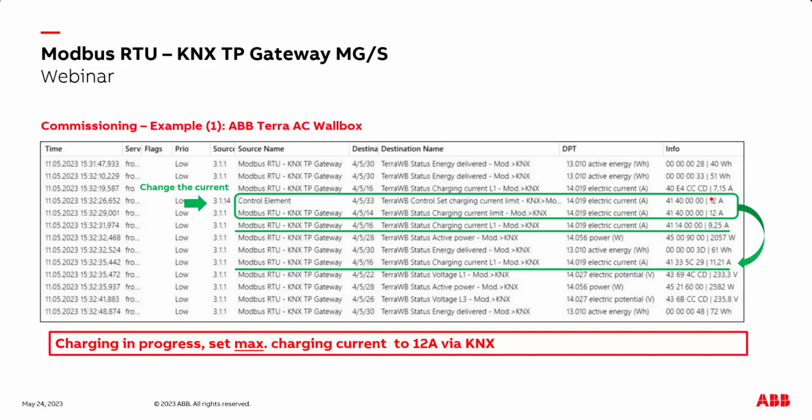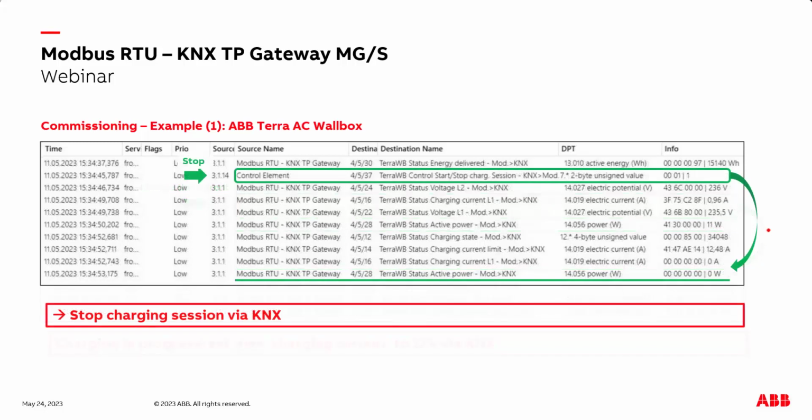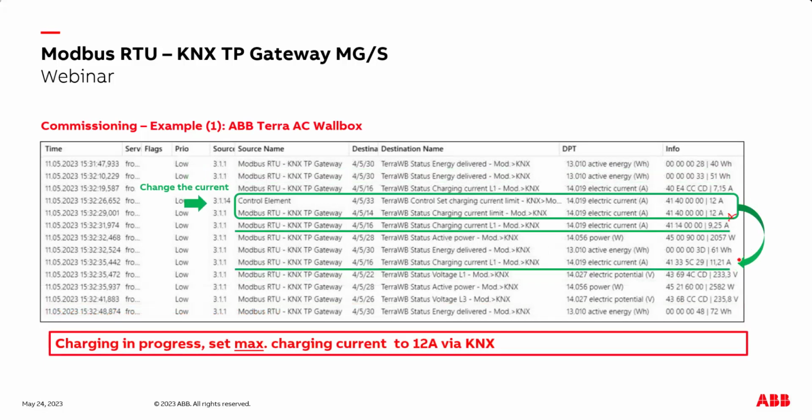And then you see in the next step, it responds, yes, I accept the 12 amps, and then you will see it changed to 9, and then maybe 11.2. We have only set the maximum current, but the real current depends on the car and the Wallbox. Good, this is how to change the maximum charging current depending on the availability of energy in my building.